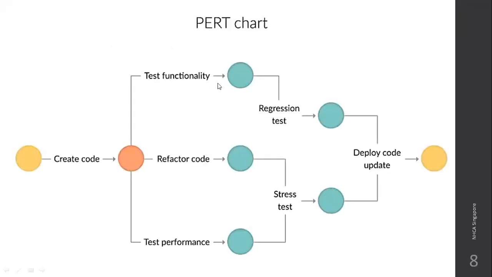So this is a PERT chart. This is the starting phase and this is the end phase. Okay, don't pay attention to the codes and all. This is just an example from a software code PERT chart. So this is the starting point and this is the end point. But when you see the stress test, let's take the example of this stress test: how this particular event is related to the refactored code event and the test performance event.